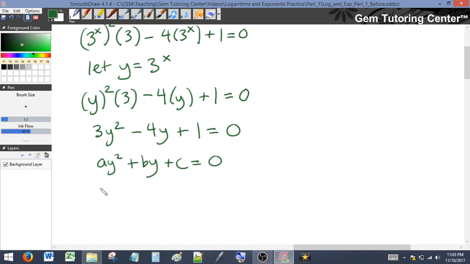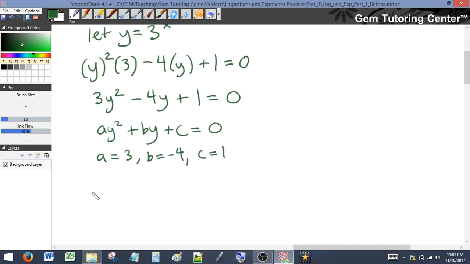And in our equation, a is equal to 3, b is equal to -4, and c is equal to 1. And the quadratic formula says y is equal to -b plus or minus the square root of b squared minus 4ac, divided by 2a.